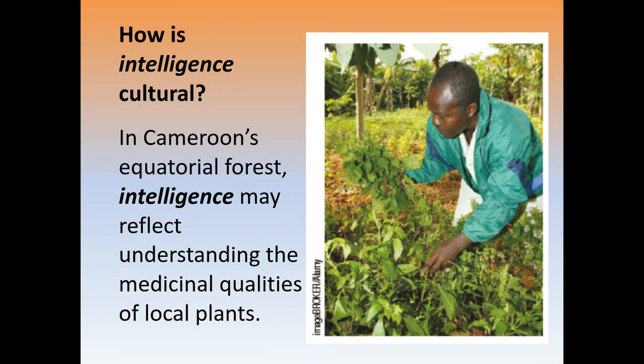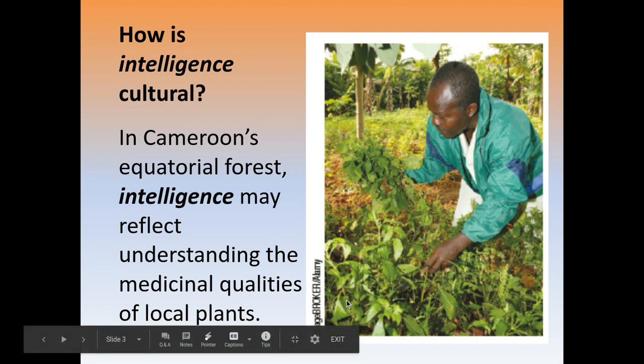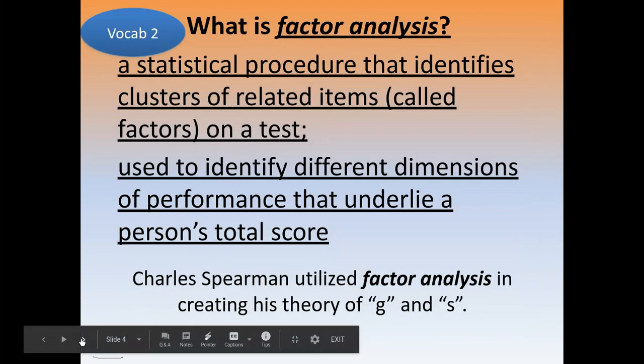Maybe a lot of us would come out being very unintelligent because we don't have this understanding, but they would view him in their society as being very intelligent. So how do we in our Western society in the United States assess intelligence in a way that's not biased towards other people?